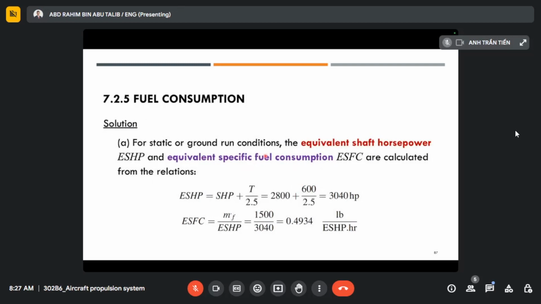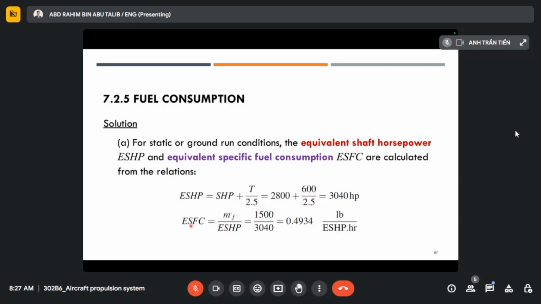For the static or ground run condition, the ESHP, equivalent shaft horsepower, and the equivalent specific fuel consumption can be calculated using the following relations, right? So you have ESHP equal to SHP plus T over 2.5, which is equal to, with SHP given as 2,800 and the thrust already given at 600 pound divided by 2.5, 3040 horsepower.